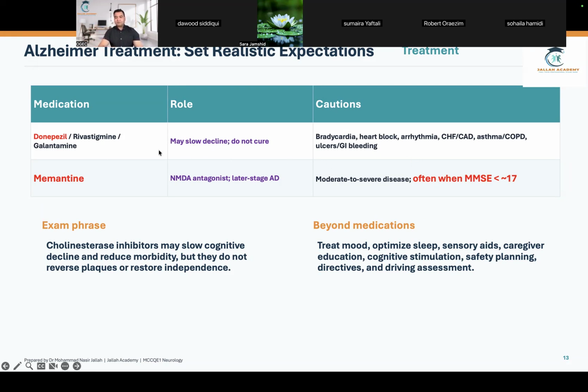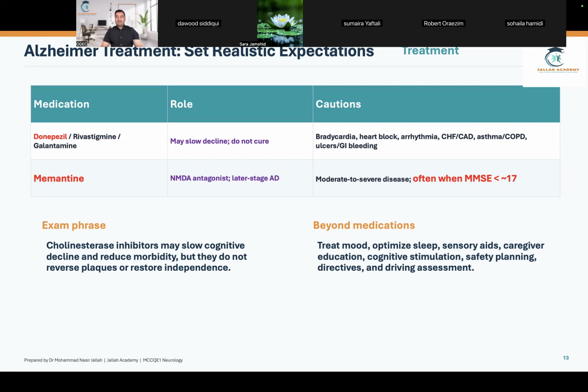Please remember it. And they might ask you what is the best first option. Let's say you have a patient who is 70 years old, the patient has Alzheimer's, and the question is, what is the first best or initial medication for this patient? Donepezil. So the first best initial medication is always donepezil.